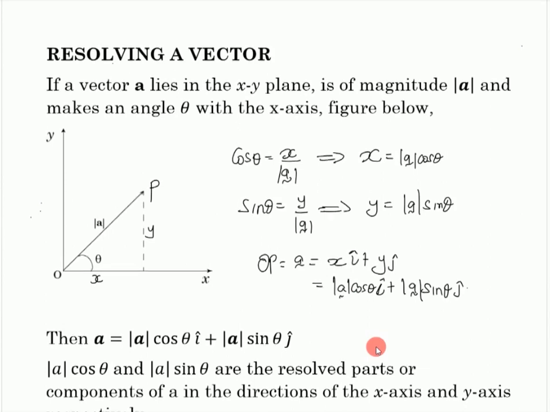You have a magnitude and a direction, and we are looking for the components. So you can work back and forth. When you have the vector, you can get the magnitude and the direction. But when you have the magnitude and the direction, you can do what we call resolving to get the vector itself.